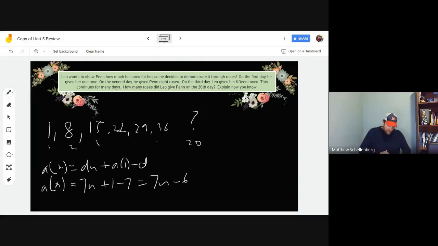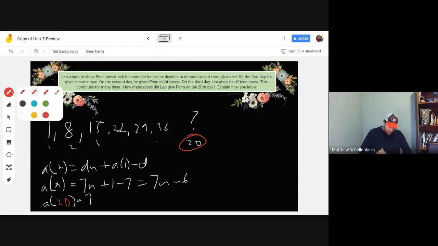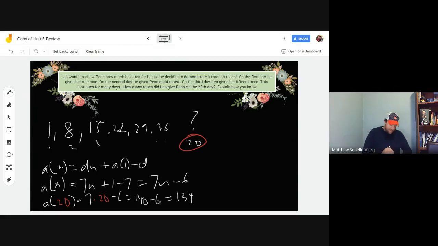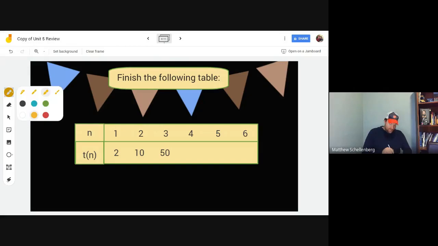Well, that means if we fill in 20, since we want the 20th term, that would be 7 times 20 minus 6, which is 140 minus 6, which is 134. So that's the answer right there, 134 roses. That's a lot of roses. Hopefully it's worth it.